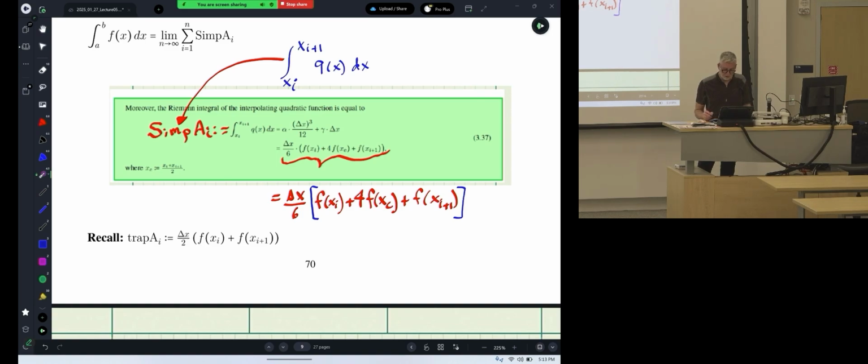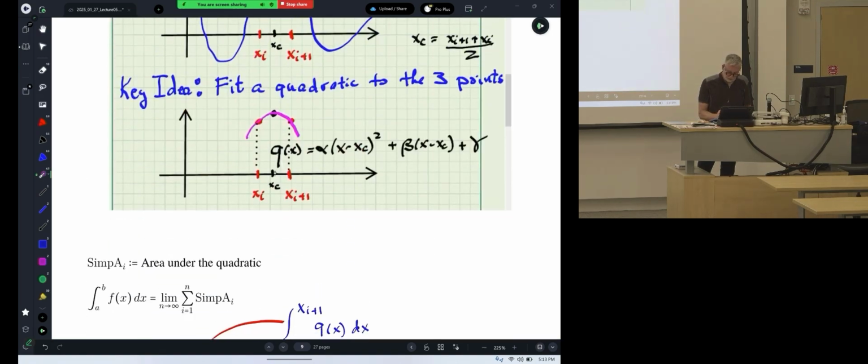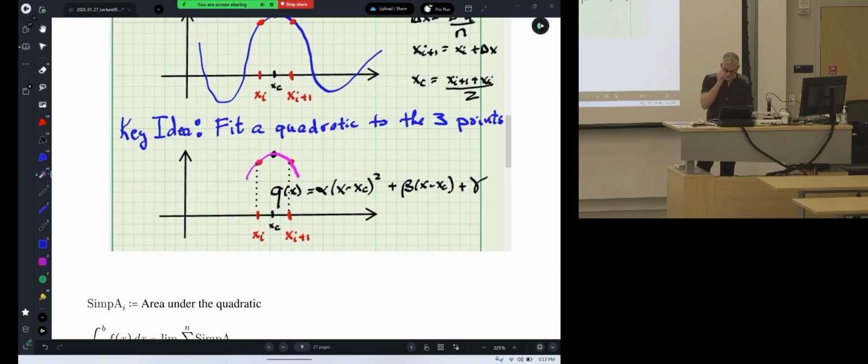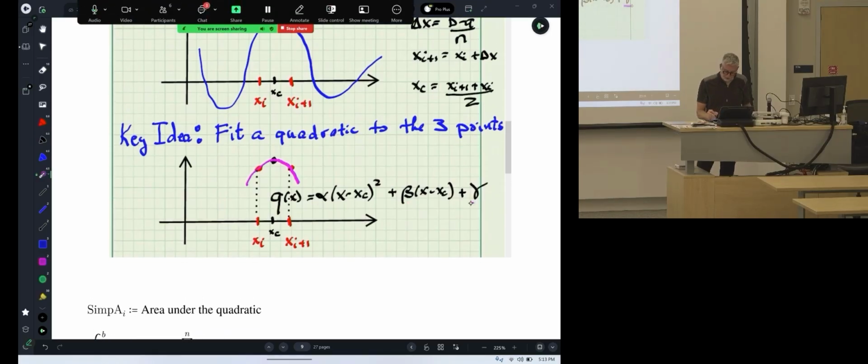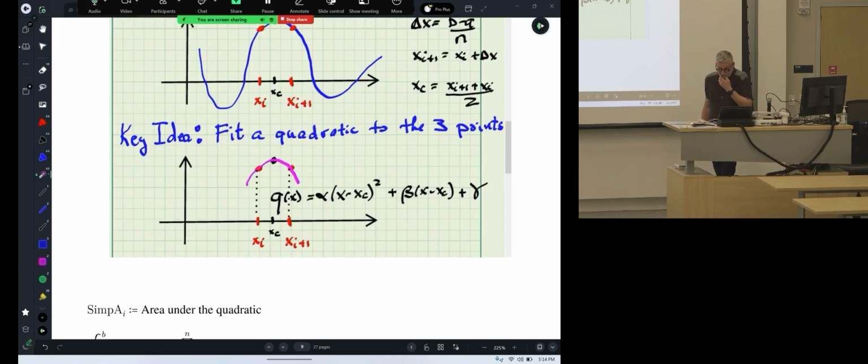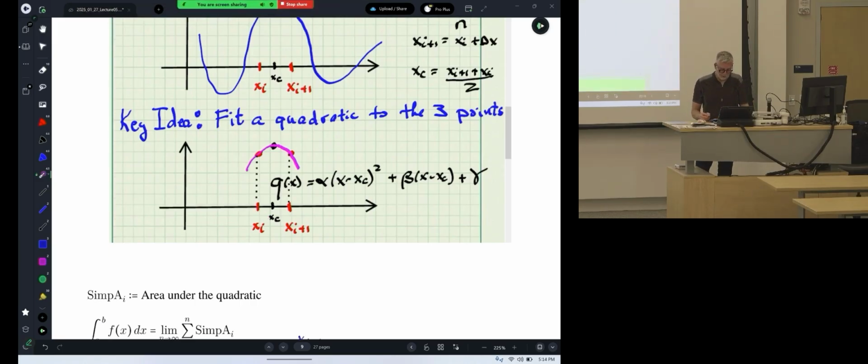This point xc is in the middle, so I'm suggesting you just take very minimal notes here. We have 3 coefficients, so we need 3 points to determine a function that fits through those points.